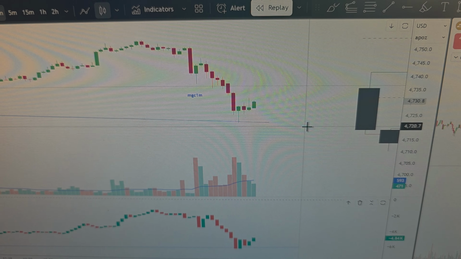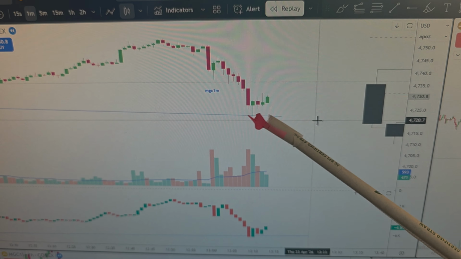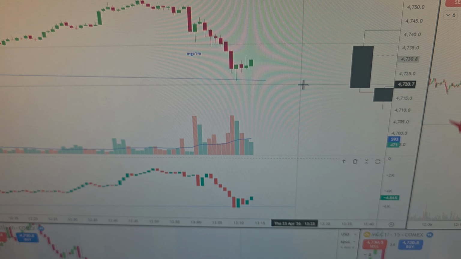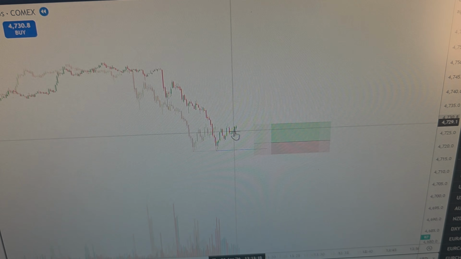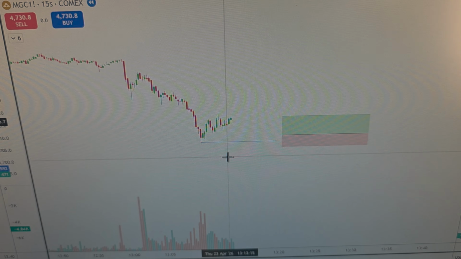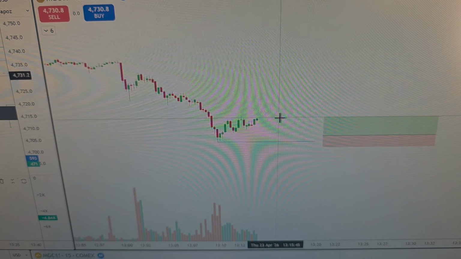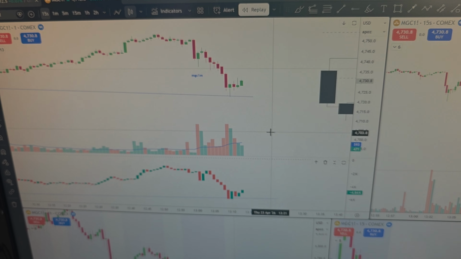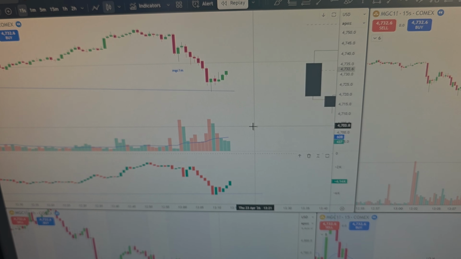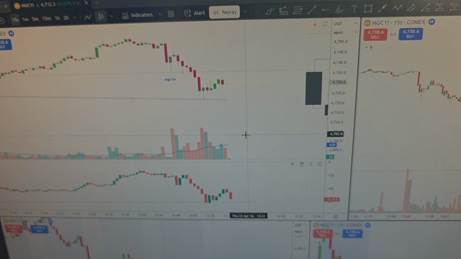with rejection candles looking like this on the 1 minute, and the 15-second chart looks like this. And so now we're going to scroll forward. This is the 1 minute.